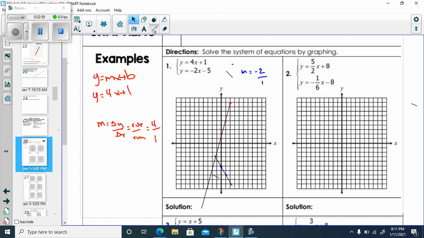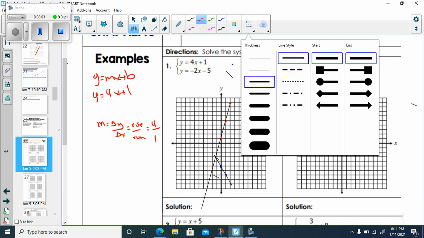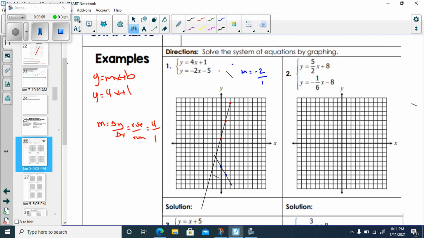Now let's see about where these two intersect. And they intersect right about here. What are the coordinates for that? That would be negative 1, negative 3. The solution's at negative 1, negative 3.